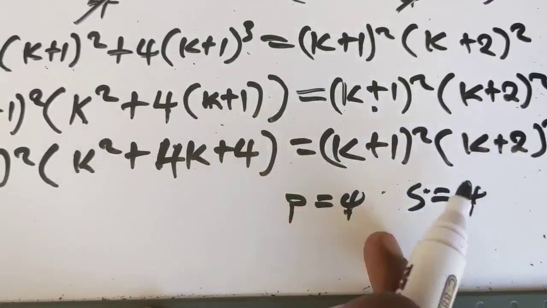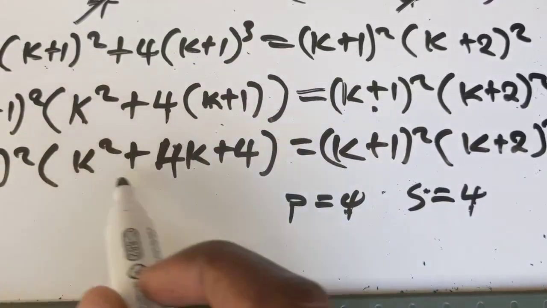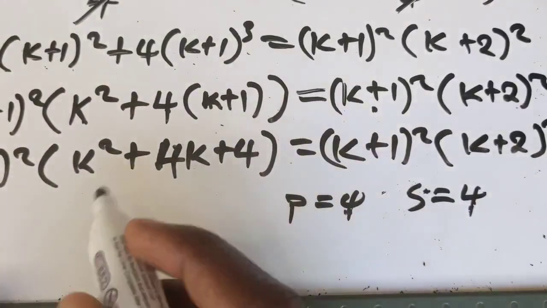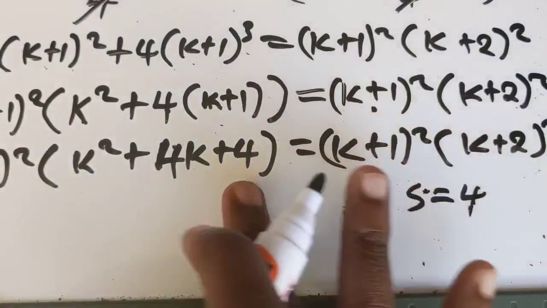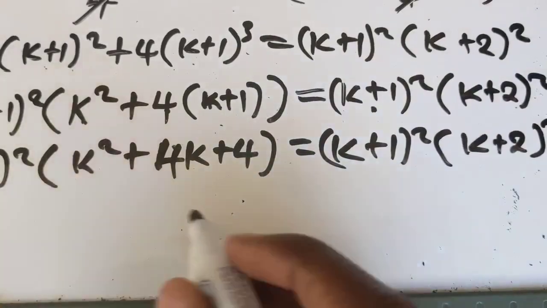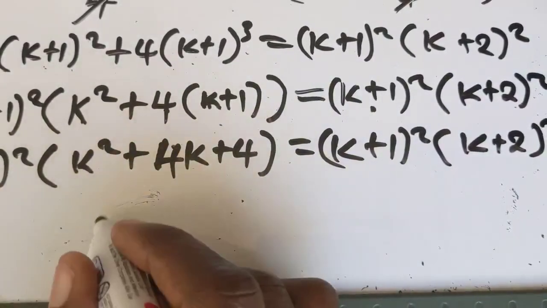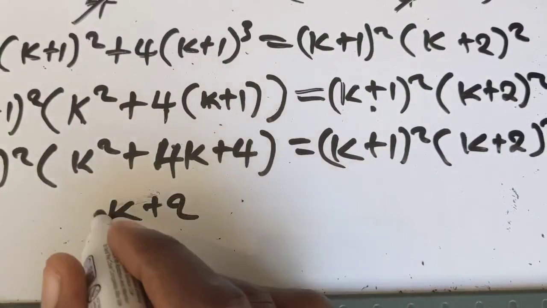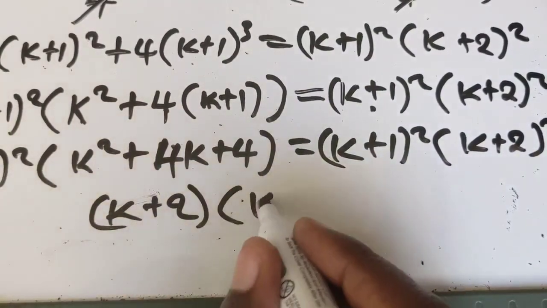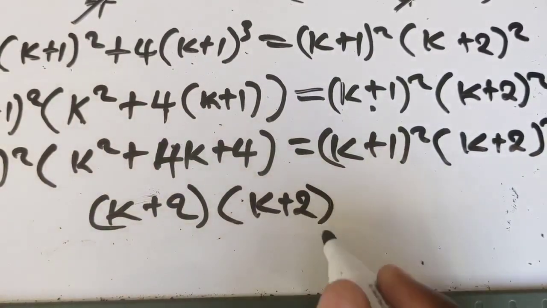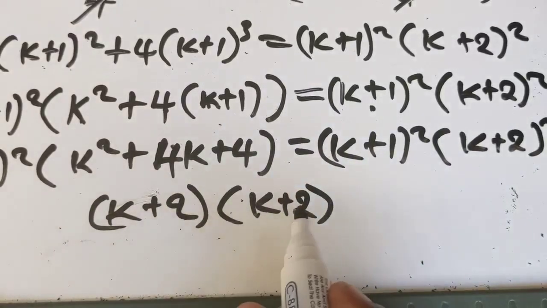If you try to solve this quadratic equation, you find that the answers are going to be x equals k plus 2 and k plus 2, since these are the factors that we had found.